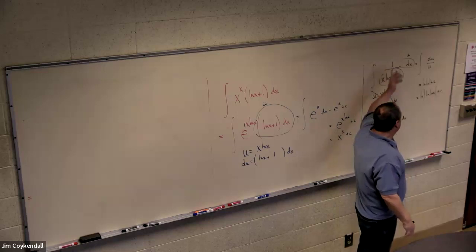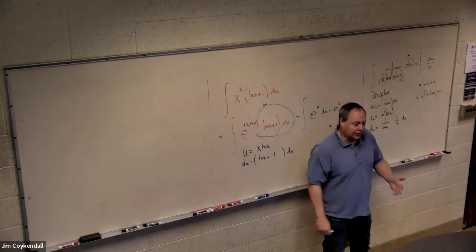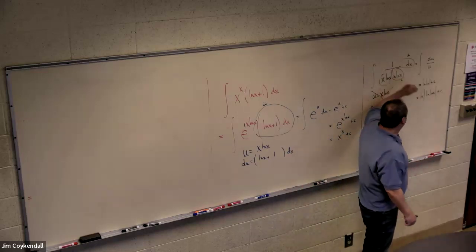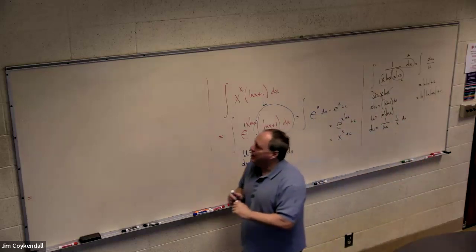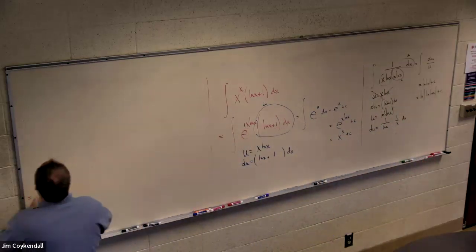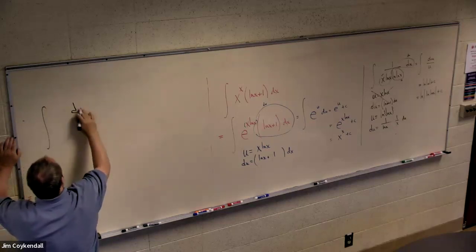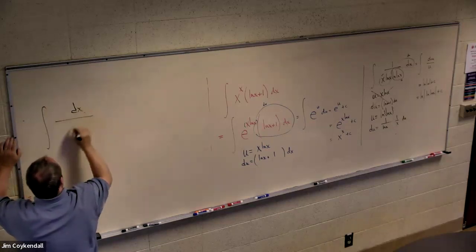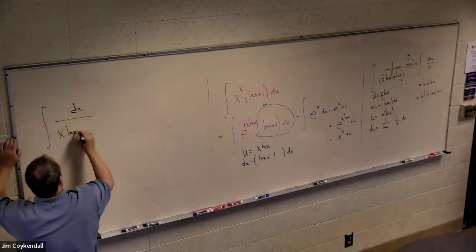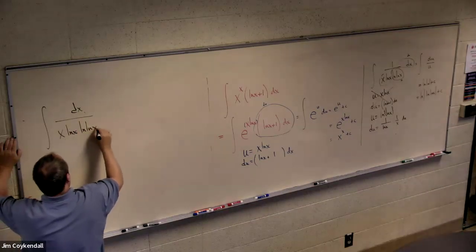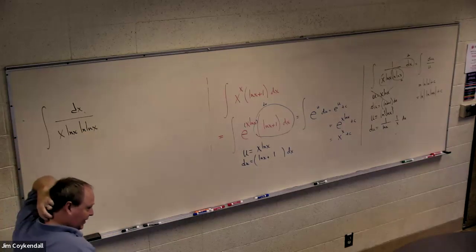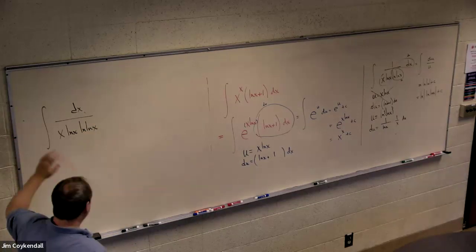If you saw that, you just put u as the log x, whose derivative is one over x. But you might have done something more naive: x log x log log x. You might have said to yourself, I just don't know, but let's do this.